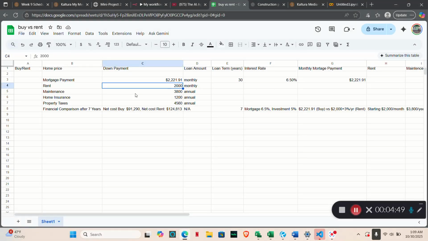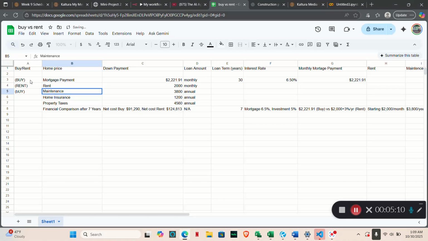For maintenance, this is only for the buyer, of course. So for buy, we have a mortgage payment, rent is going to be $2,000. The maintenance is annually for the buy. Financial compensation after 7 years or so for the net cost.